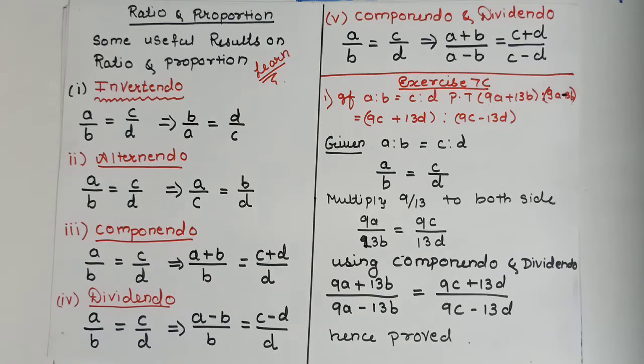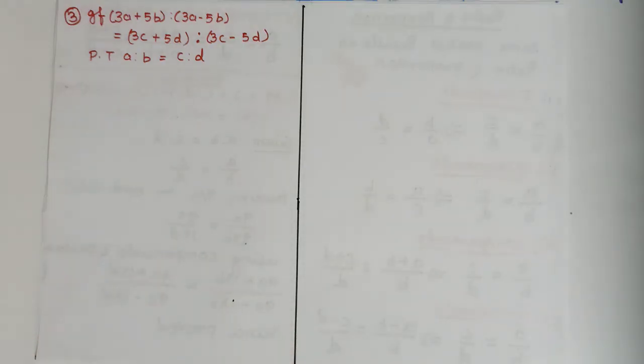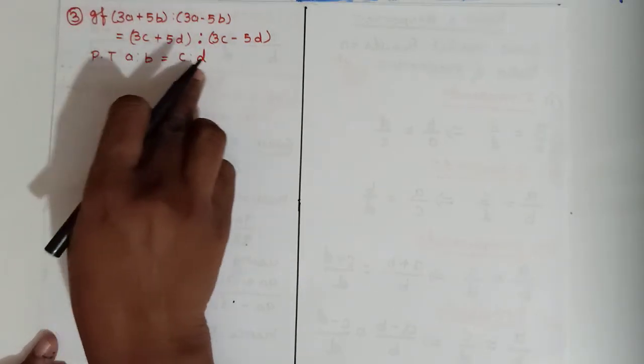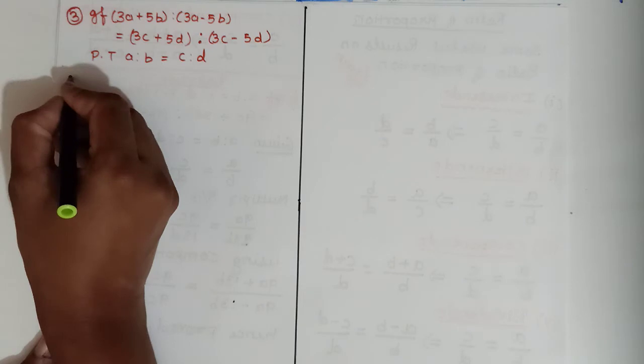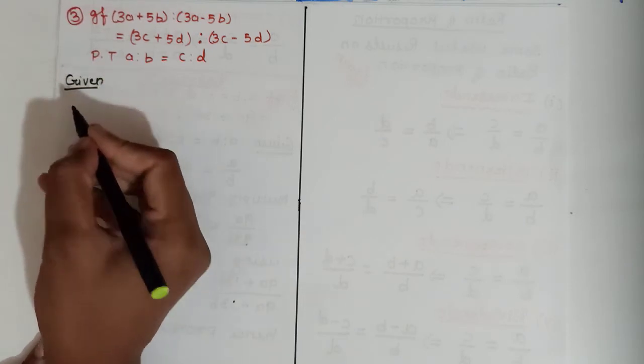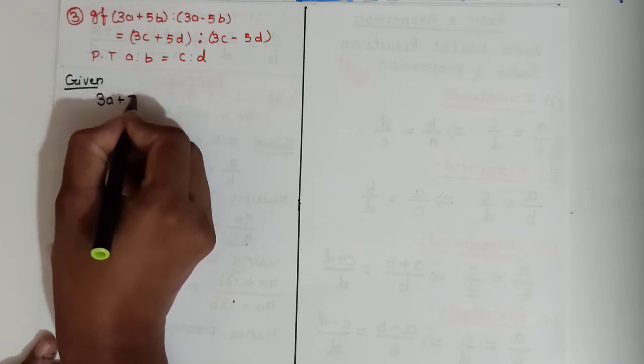Okay. So now let's see the next problem. Now, let's see this third problem. In this problem, the given part is this, and you have to prove that A is to B equals C is to D. So first let's write whatever is given to us, and then we'll proceed so you can understand how to solve it.